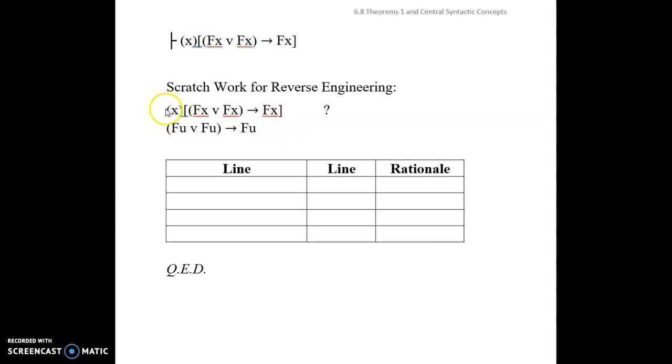If we had this to start with, we would just universally instantiate it, and we would end up with this expression. This has a conditional as its main connective, and therefore conditional proof is recommended, where this is the antecedent, so in other words, this is what's assumed, and this is what we look for. So on that strategy, go ahead and see if you can prove that this is indeed a theorem of logic. Pause now.